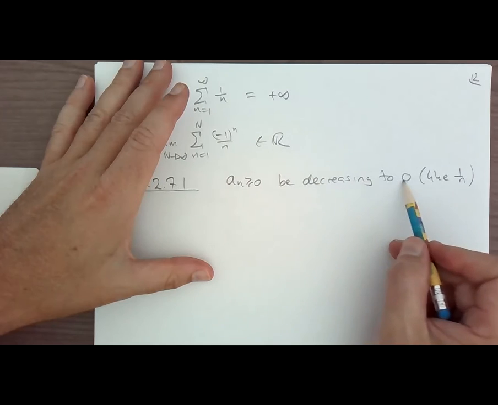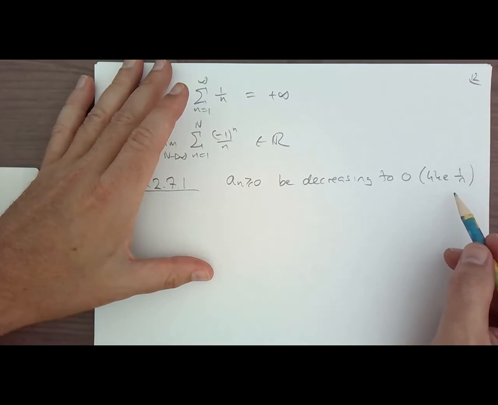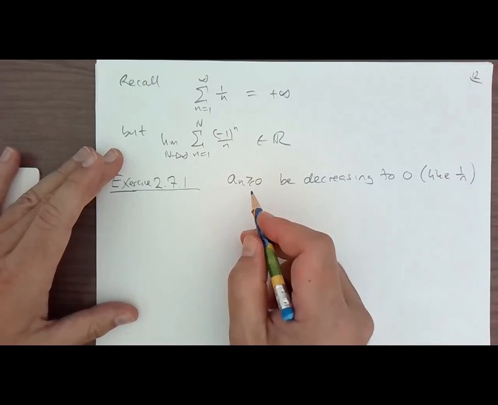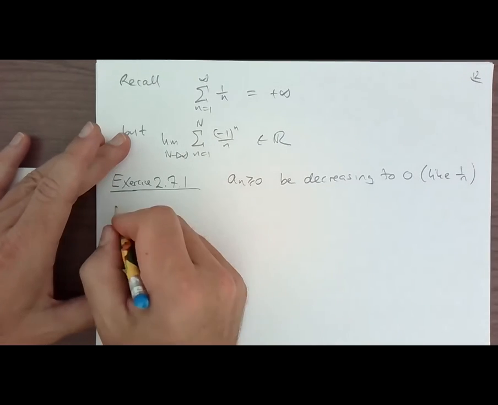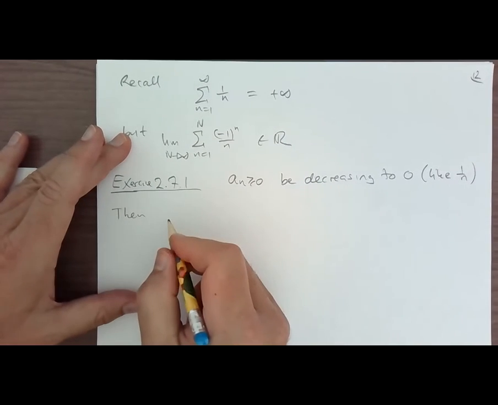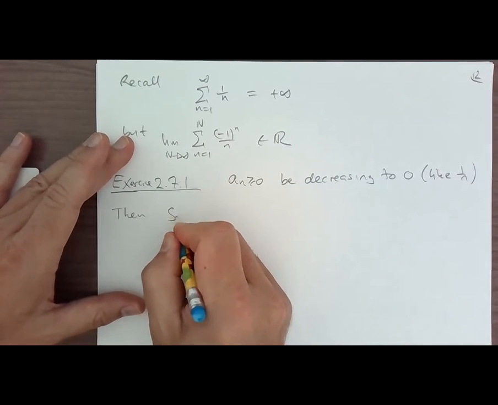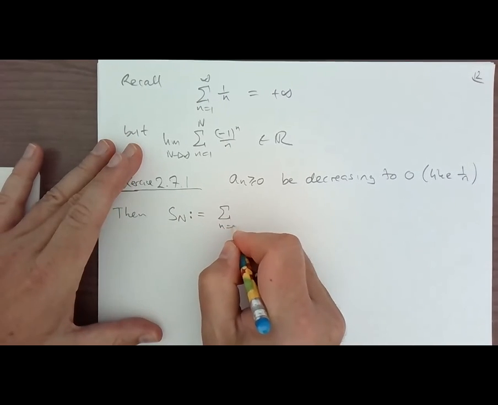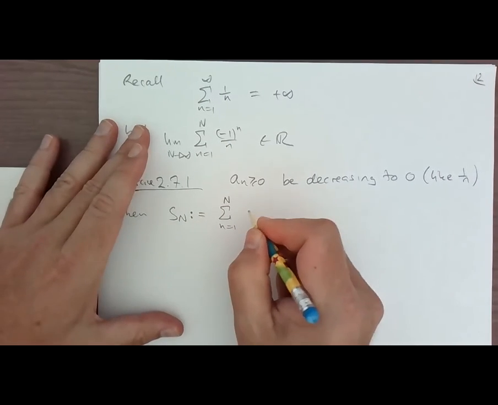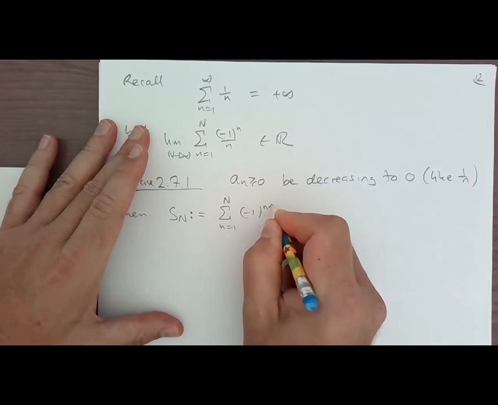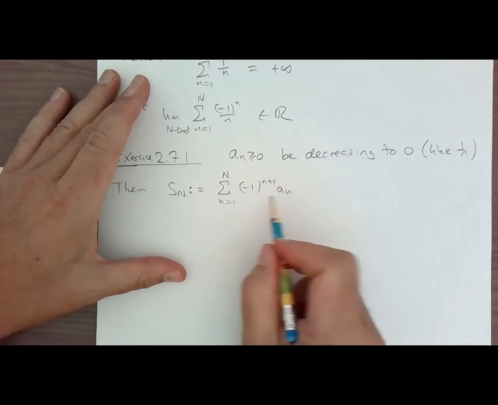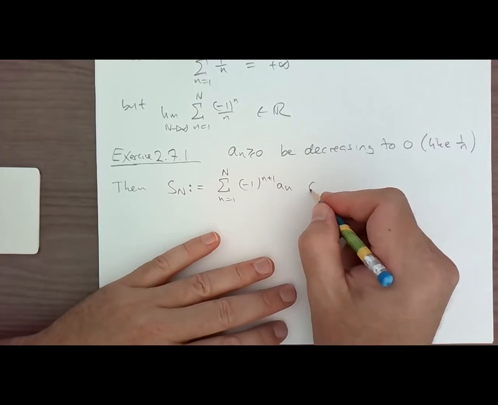This is positive, and it decreases down to 0 as n goes to infinity. Then the statement is, if you take one of these sequences, then this alternating sum up here, then these S_n, the partial sums from 1 to capital N of this alternation, you switch the signs on the a_n, so this thing converges.